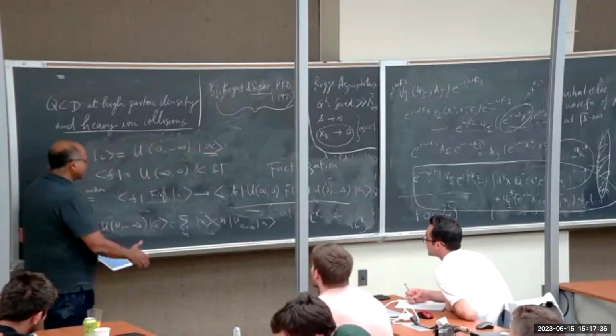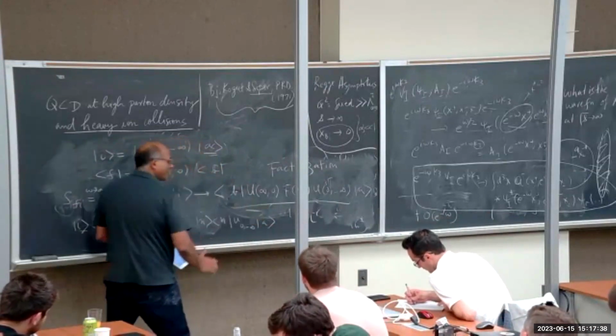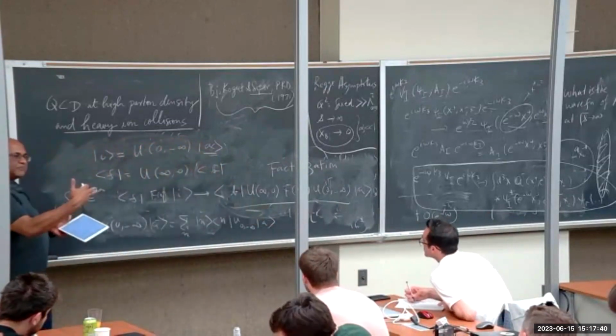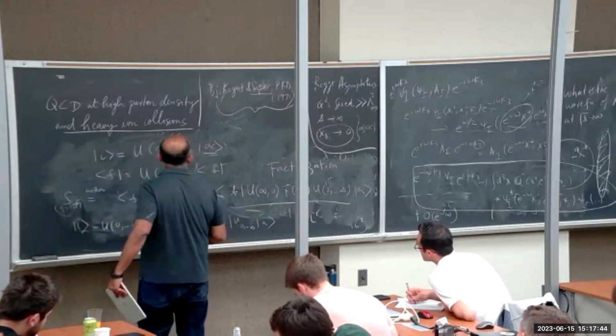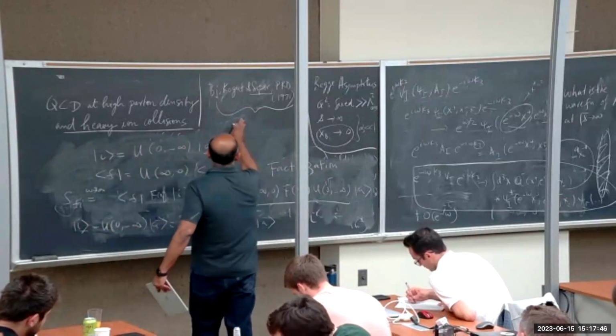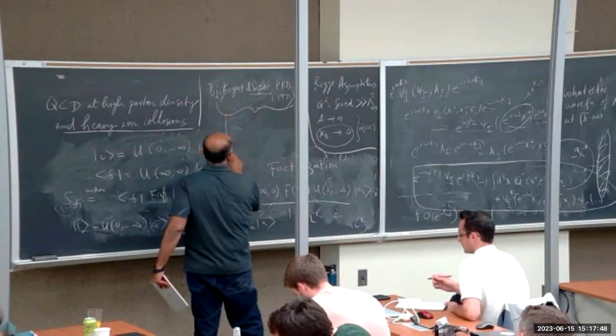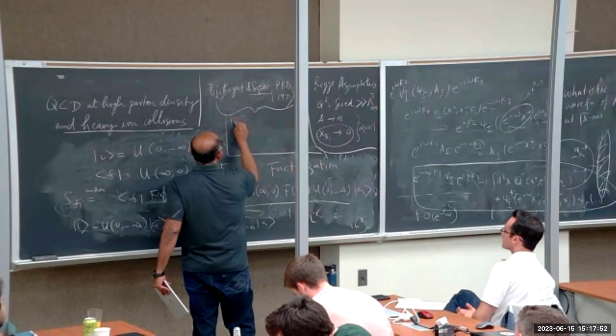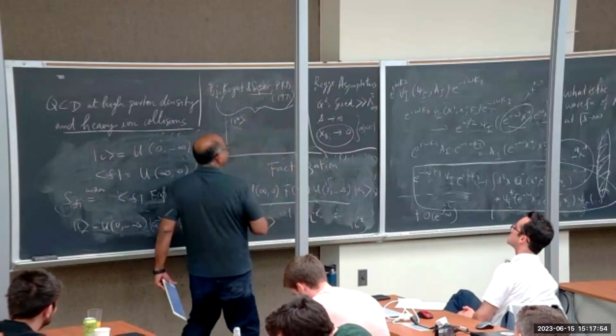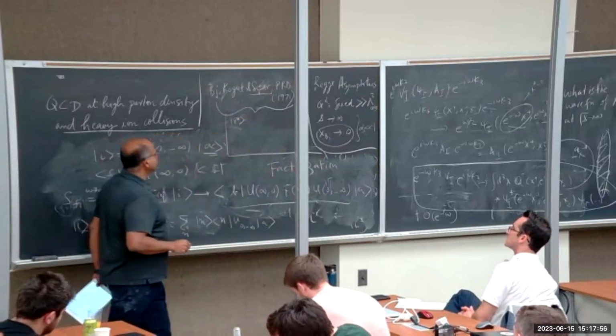So from quantum mechanics, I can write this in terms of all possible intermediate states. So this bare state can evolve. Think of my bare state as the virtual photon, right? So I have a virtual photon. Think of that as my bare state at minus infinity.